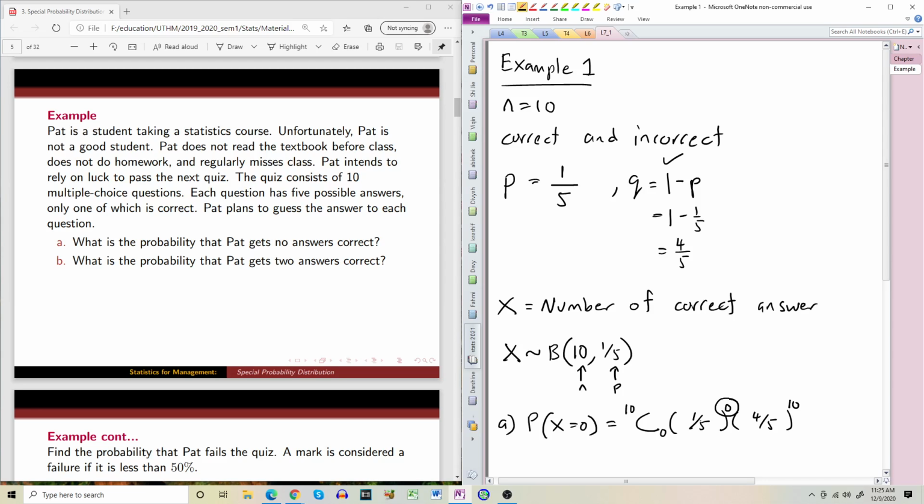No answer correct is 0, 10 answers are wrong, 4/5. That's how we have to see it. If you add these two, 0 plus 10, you should get back 10.